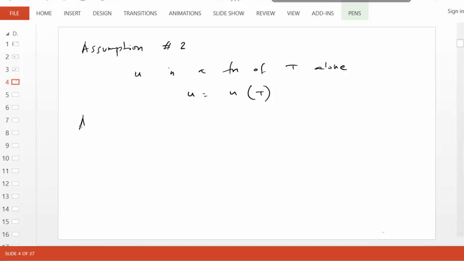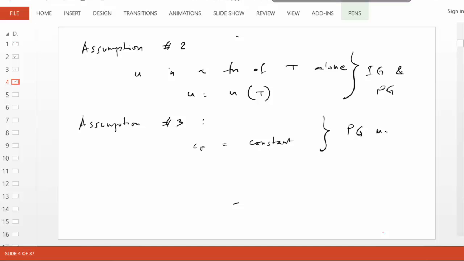And the final assumption. Assumption number 2 is valid for both IG and PG model. But assumption number 3 says that Cv is a constant, and that defines only the PG model. So the PG model is really a subset of the IG model.